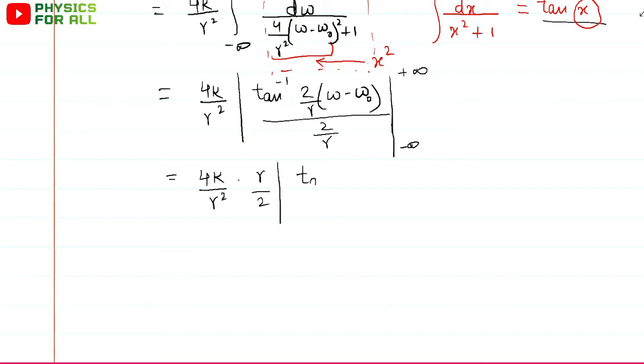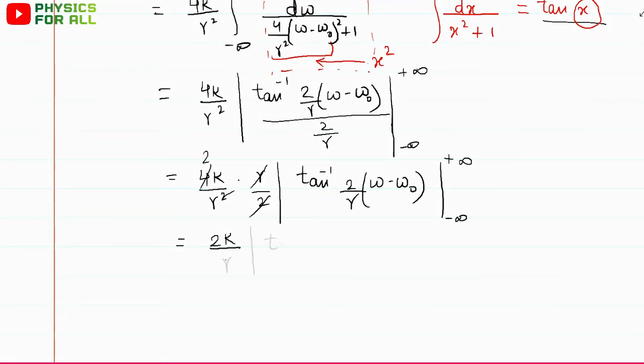And here again tan inverse 2 by gamma omega minus omega naught, from minus infinity to plus infinity. Gamma gets cancelled. 2 2 is 4. This becomes 2k by gamma tan inverse 2 by gamma omega minus omega naught, minus infinity to plus infinity.